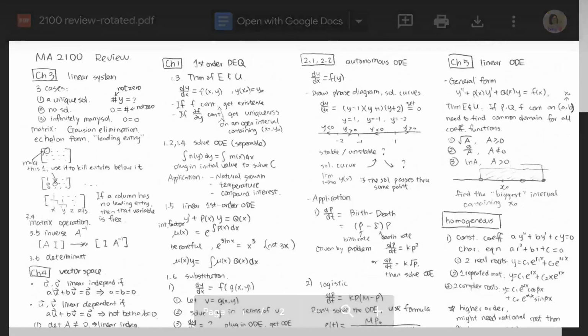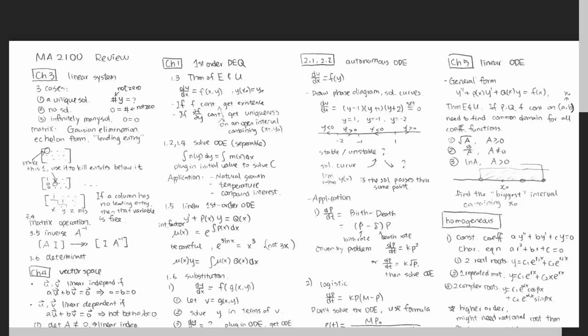And in 2.1 and 2.2, we talk about autonomous ODEs, where the right-hand side is only a function of y. Okay, so one type of problem is I will give you the autonomous ODE and ask you to sketch the solution curves. So first, you find the critical points, and then you draw the phase diagram.